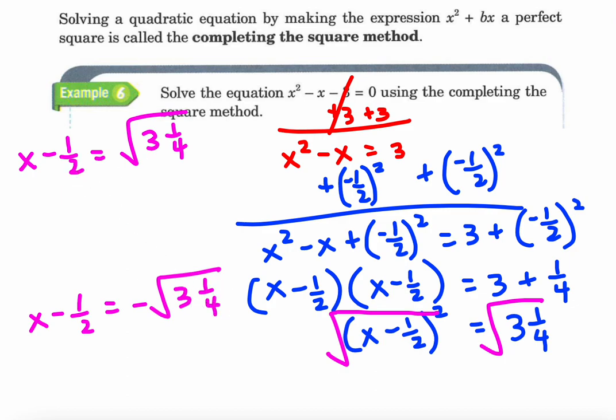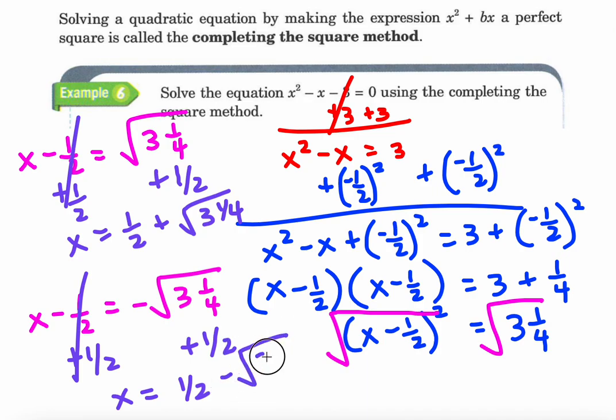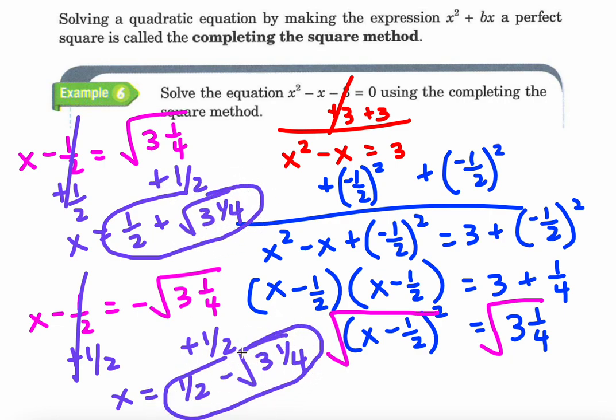And then in order to get x by itself, I am going to add a half to both sides. Cancel, cancel. So I end up with x equals a half plus square root of 3 1/4, or x equals a half minus square root of 3 1/4. Those are my two possible answers. The positive and the negative version, the adding and the subtracting version.